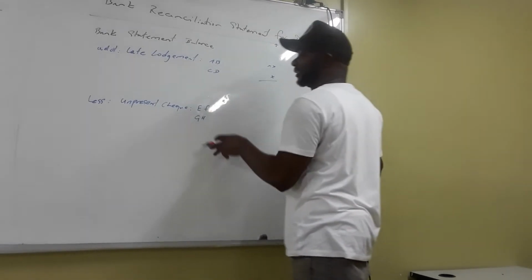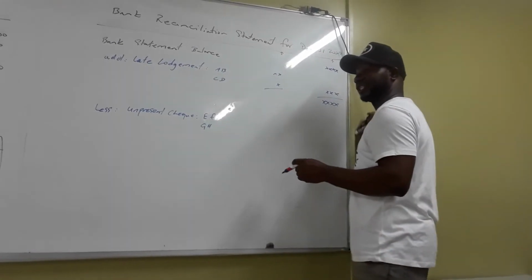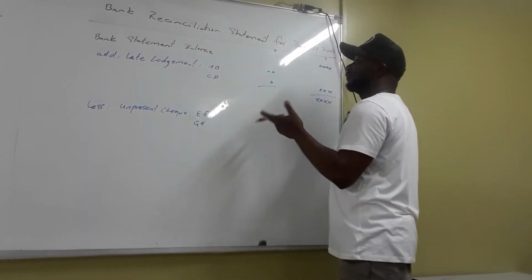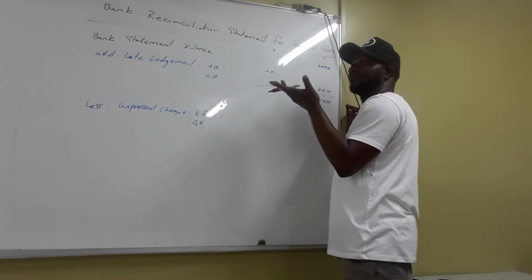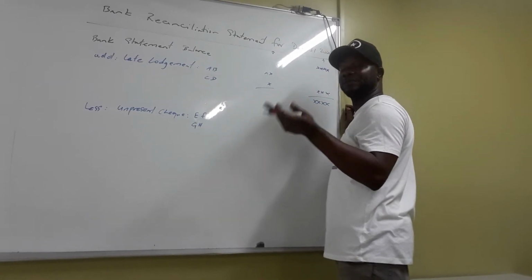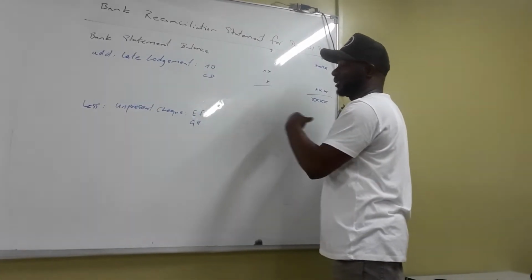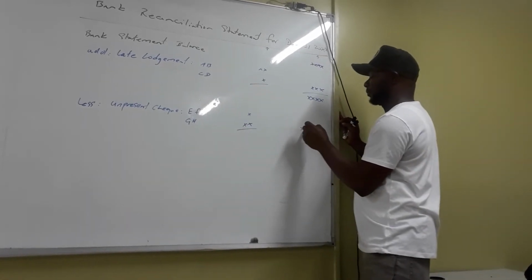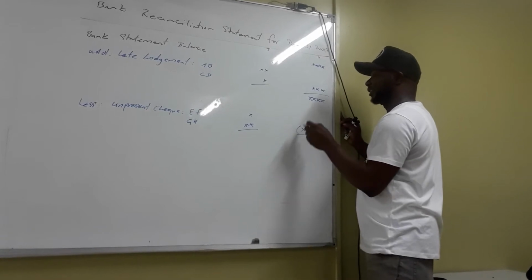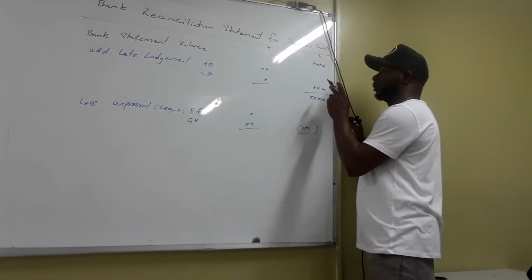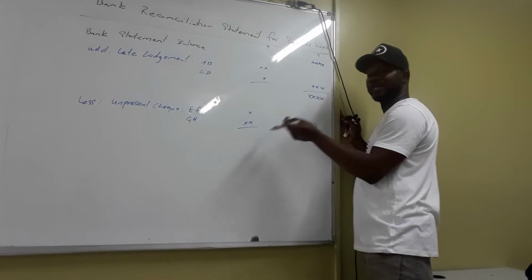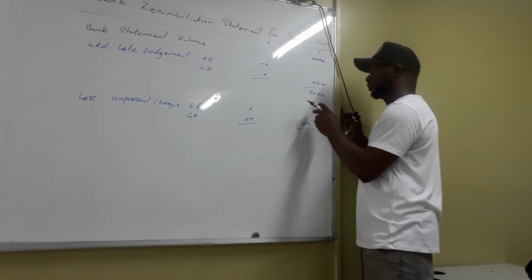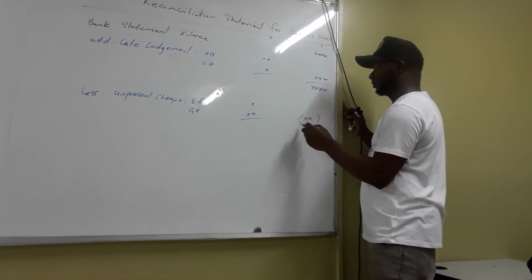Now remember what unpresented checks are. Unpresented checks are those checks that you would have paid out to individuals but they're not at the bank as yet. So your bank balance is going to say that you have additional money in it, but that's because these persons have not encashed their checks as yet. So unpresented checks will be subtracted from your bank balance, because when these checks are encashed, it's going to reduce your bank balance.